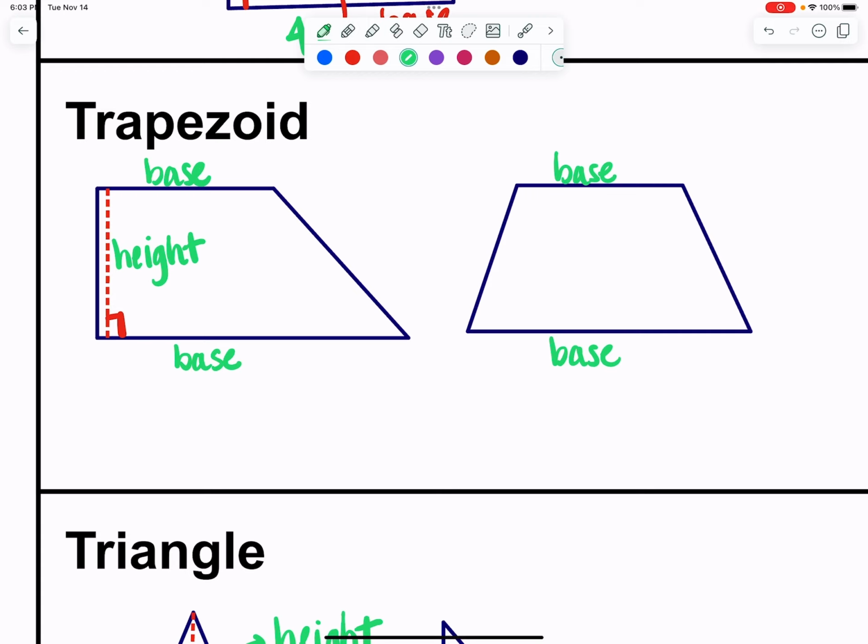It just so happens to be the same as that side over there on the left. It's called the leg. In the other trapezoid, same idea. It's still the distance between the bases. It just looks a little bit different. So I want to make sure you see both kinds.